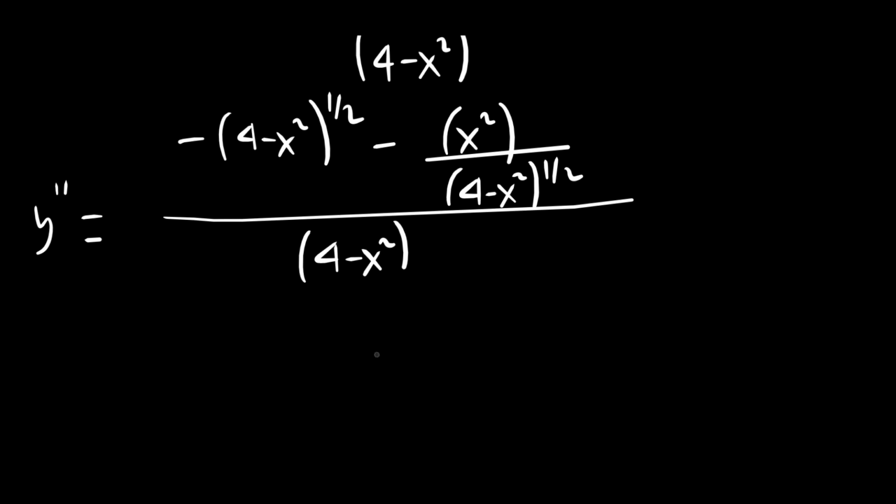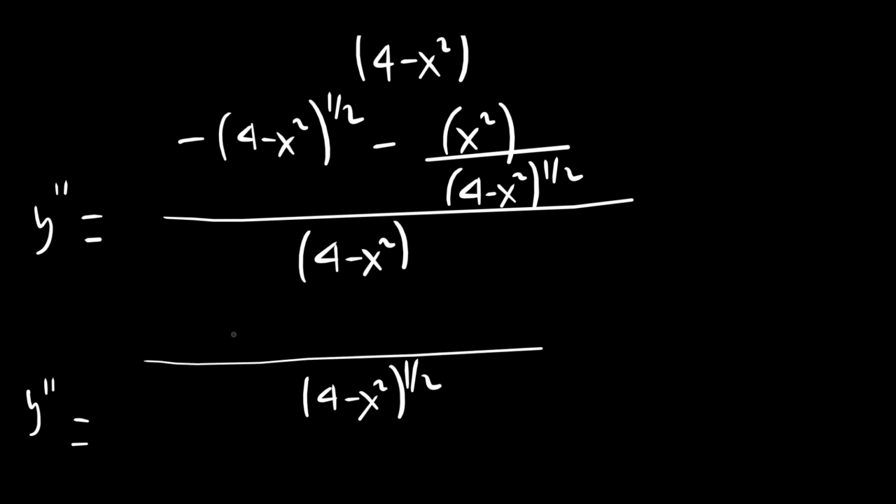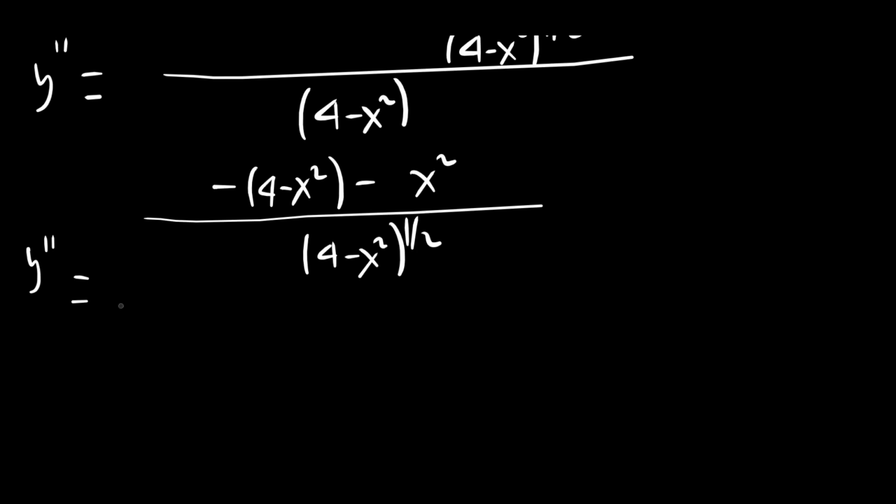After this one, we will combine the numerator. So we have y double prime is equal to, just copy, 4 minus x squared raised to the power of 1 half. So we have negative, so the 1 half exponent will be cancelled. So 4 minus x squared, so minus, copy x squared, all over 4 minus x squared.